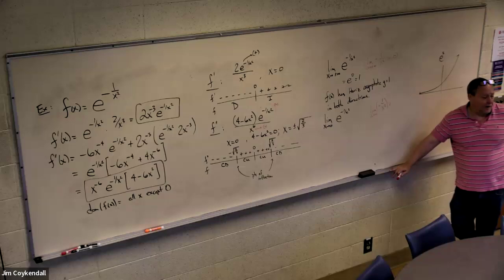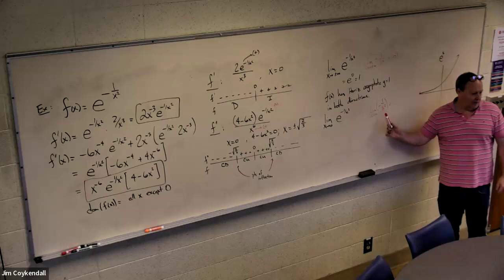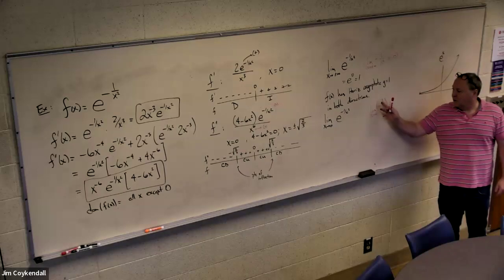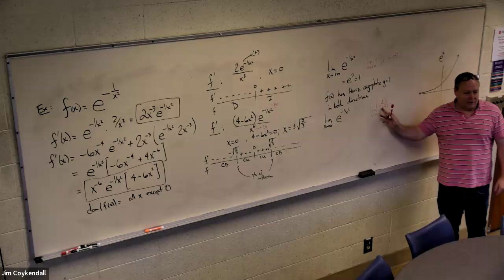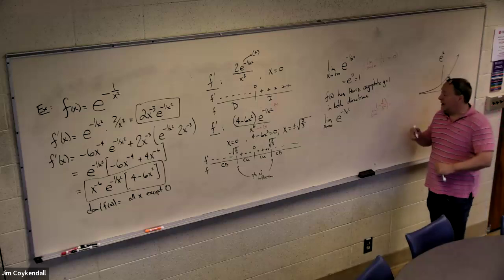What's 1 over 1 over 100? 100. What's 1 over a million? A million. So this is actually getting huge as far as size goes, right? Because there's one on the top, and the bottom's very small. And since you're squaring it, the x squared part is always positive, so this is actually going to be negative infinity.